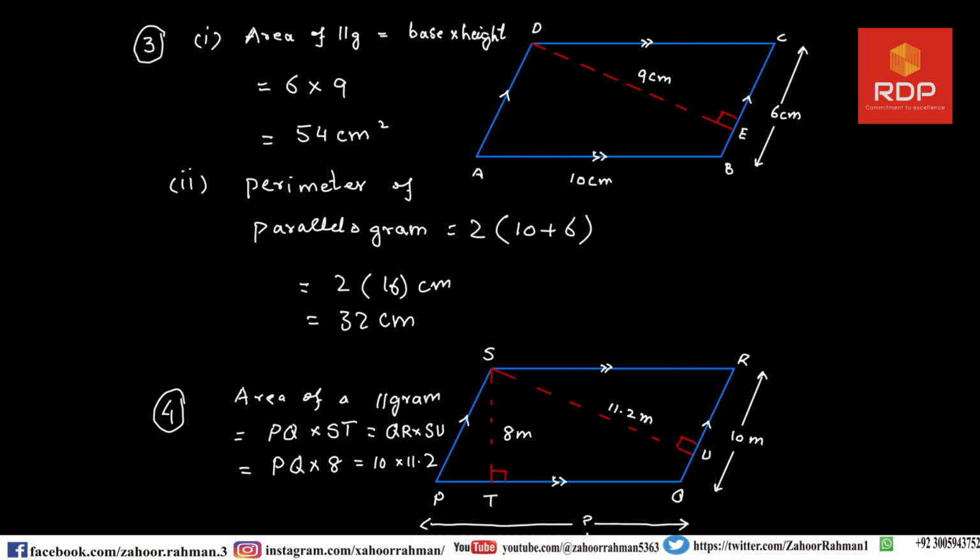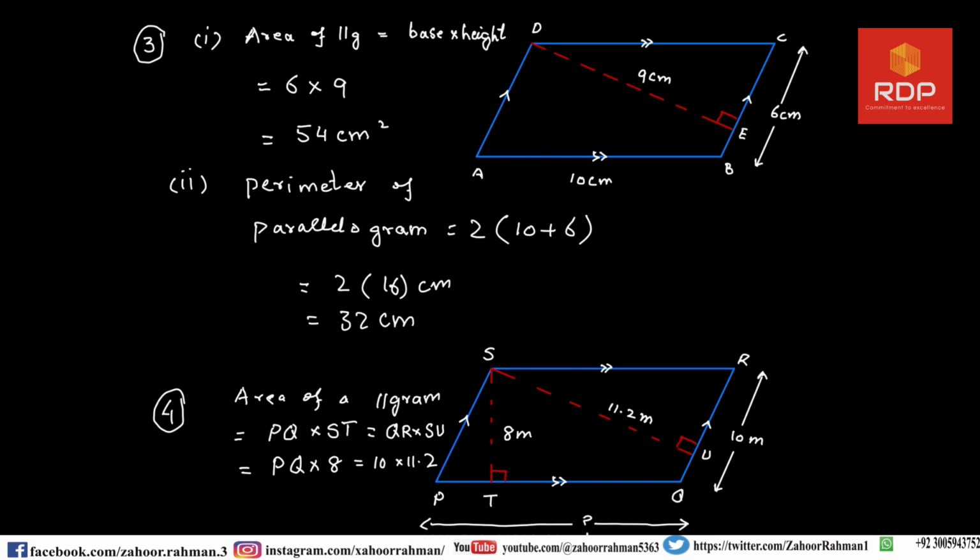There are two ways in which we can find it. If we are taking this as the base, then this will be the height. And if we are taking this as the base, then this will be the height. In both cases the area will be equal.